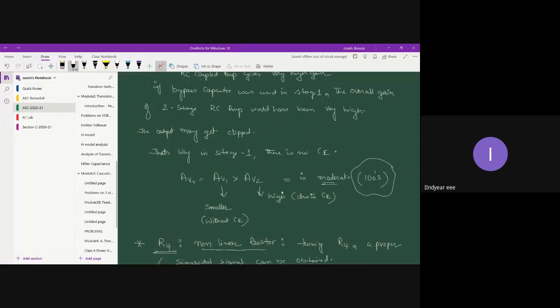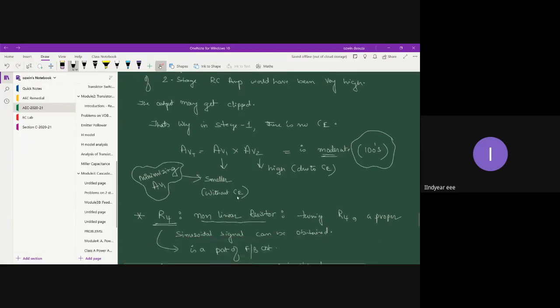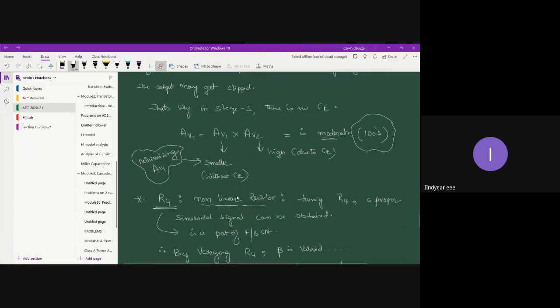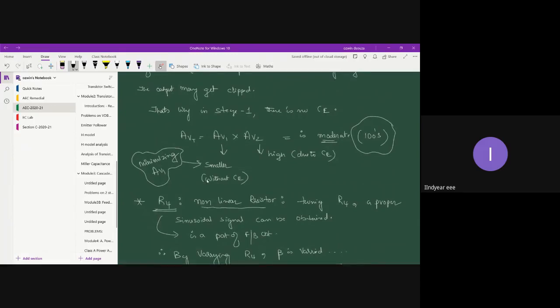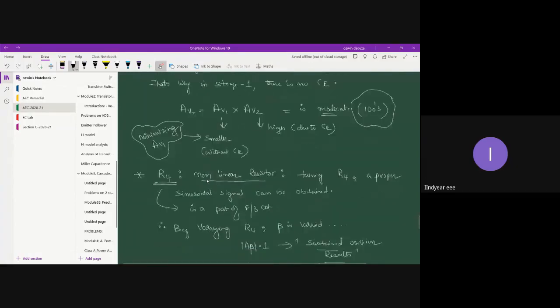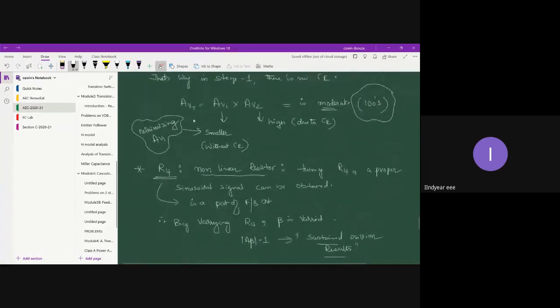That can be ensured by minimizing AV1. So you need to play around with the resistance value RE, the bypass capacitor as well as the feedback amplifier elements, that is RE, with which you will be able to fix a very small value of AV1.